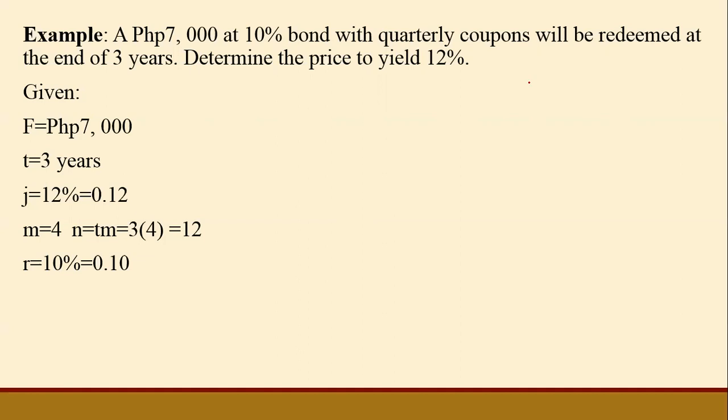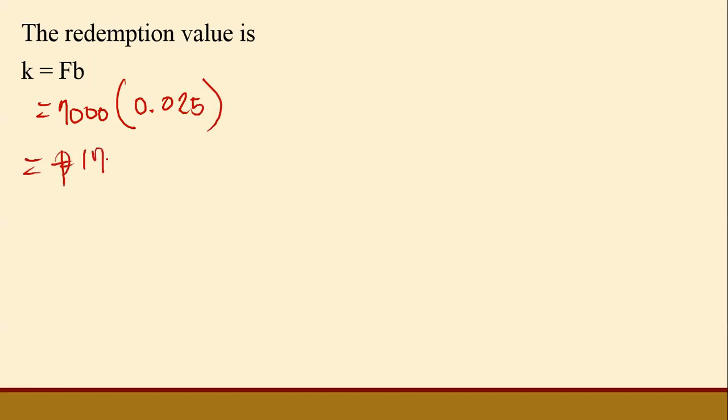Periodic rate. Wait, yung bond rate muna, yung 10%. And then yung periodic bond interest, which is 0.025. Periodic interest rate na 0.03. Okay. So the redemption value is 7,000 times 0.025, which is 175 pesos.